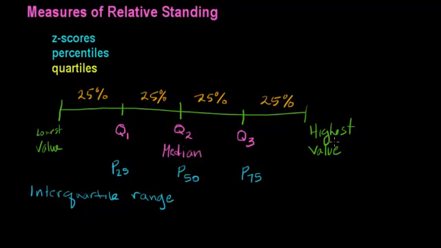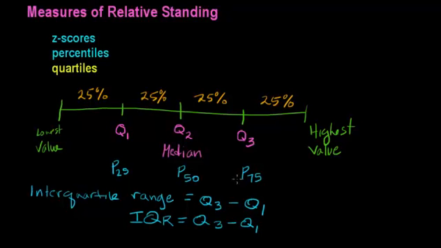Our general range, just range, is the highest value minus the lowest value, right? Well, interquartile range then, if we just look at this picture, it makes sense that it would be our Q3, the highest quartile, minus Q1, the lowest quartile. And so you often see this abbreviated IQR. Q3 minus Q1. And again, we'll see how that can be used later on.